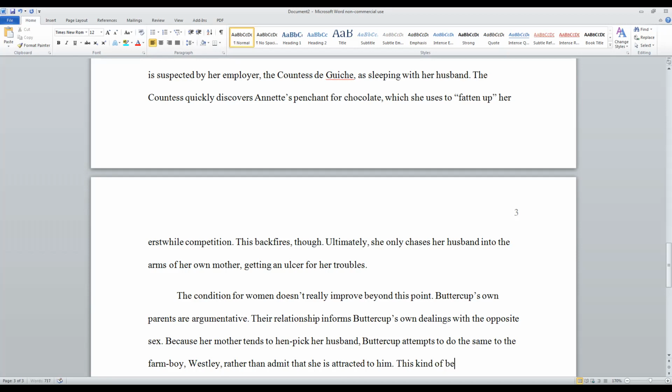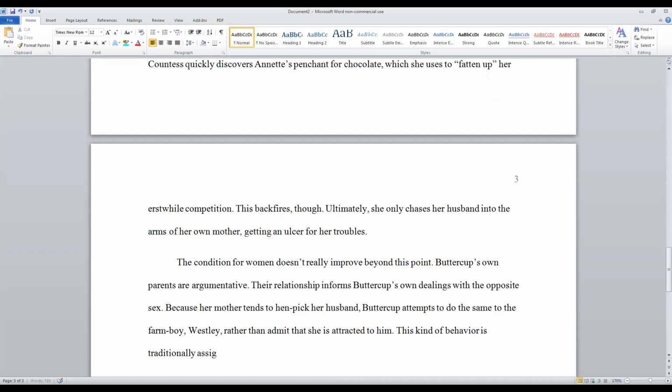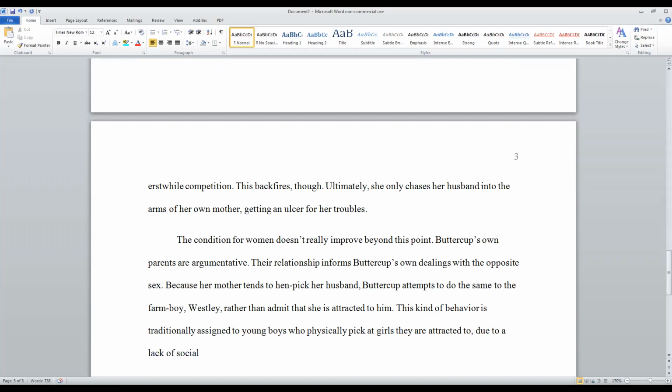This kind of behavior is traditionally assigned to young boys who physically pick at girls they are attracted to due to a lack of social grace or social capability in the developmental years.